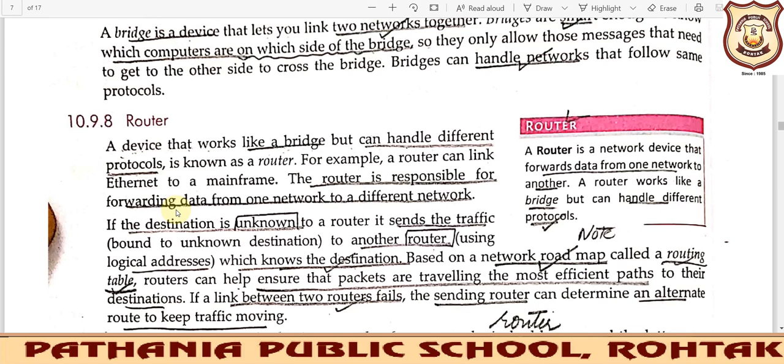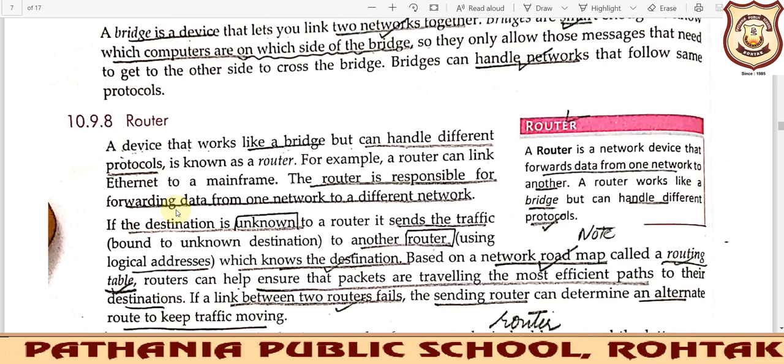For example, if there are 5 routers on the way, the first router and the fifth router are the main routers: the first takes the data from the source, and the fifth delivers the data to the destination.